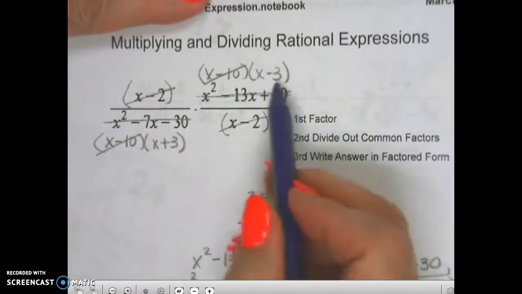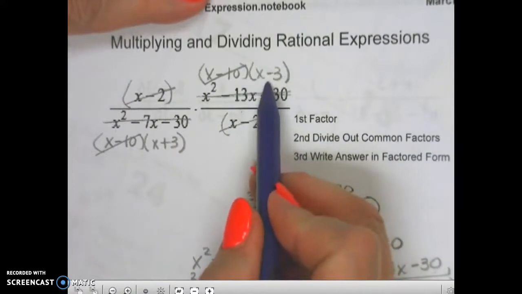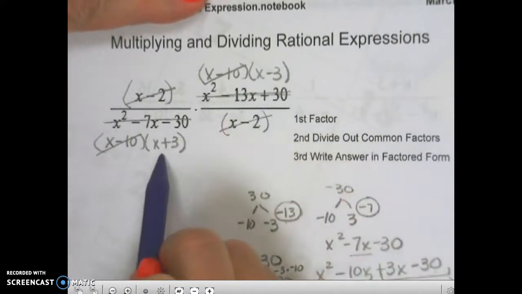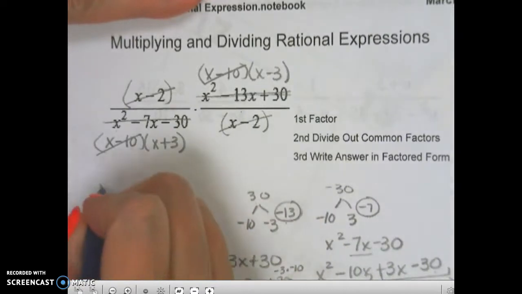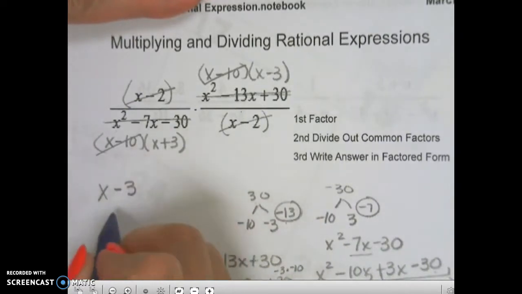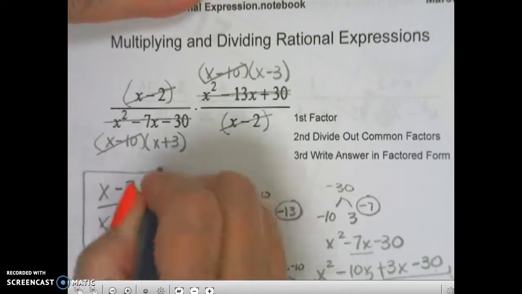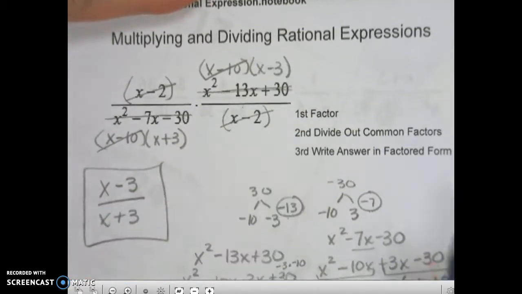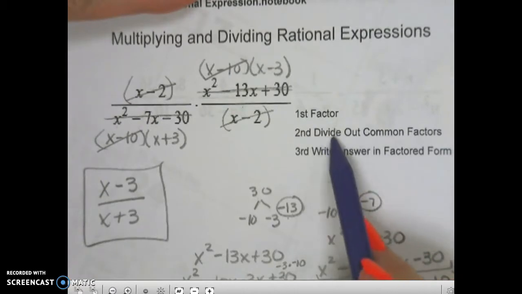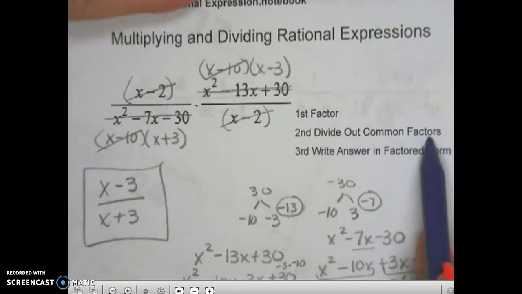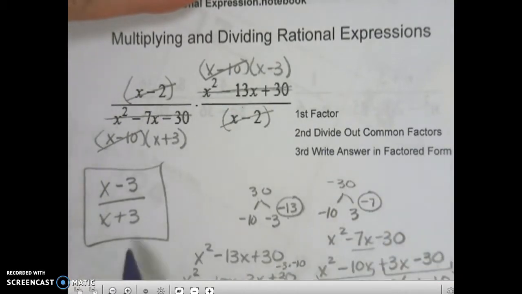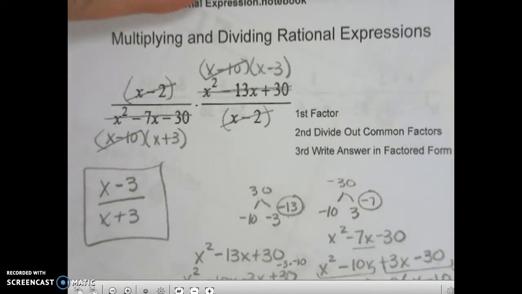So all I have left on top is my x minus 3, and all I have left on bottom is x plus 3. So I'm going to write that, and that is my answer. I factored, I canceled the common factors, and I wrote my answer. Let's do another.